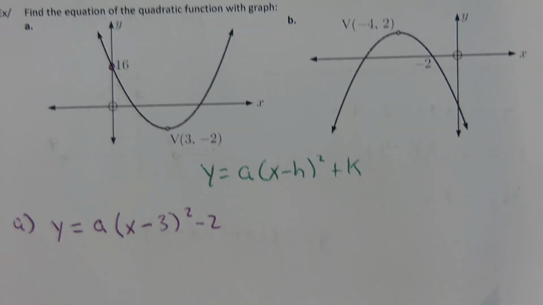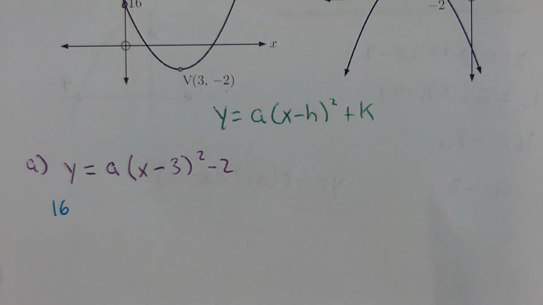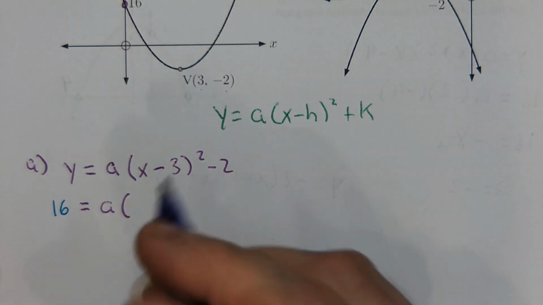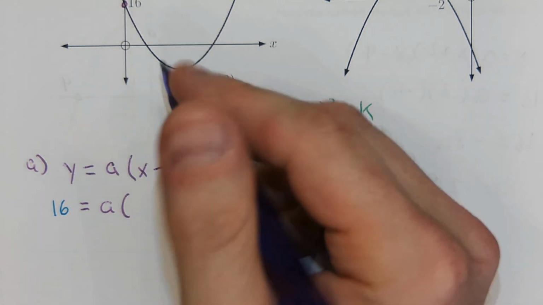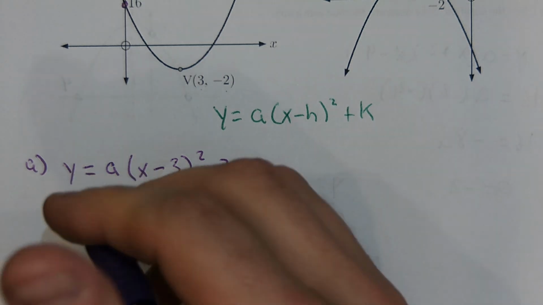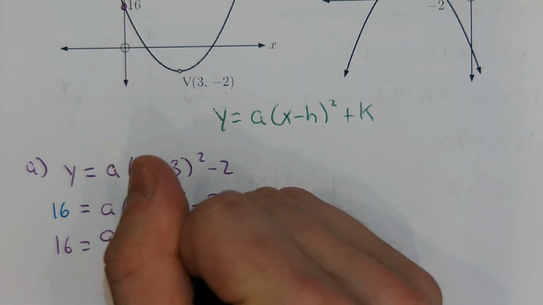Switch it up a little bit. How about purple and blue? Dropping a 0 right there gives me -3 squared. So 16 equals 9a minus 2.